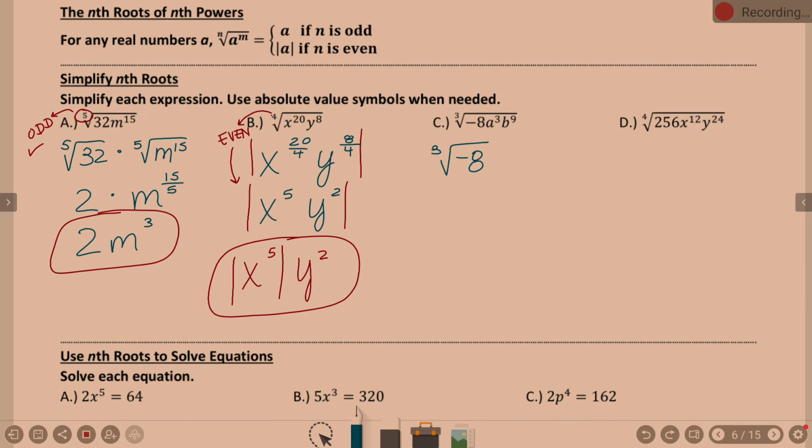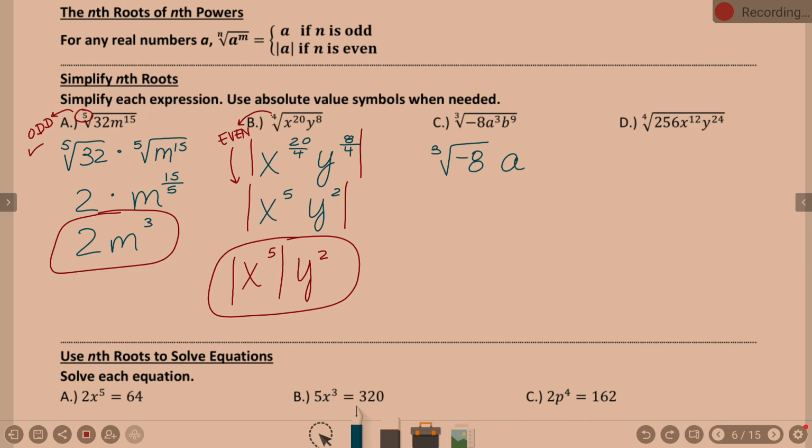The cube root of regular 8 is 2. Can I do the cube root of a negative? Yes, because it's an odd root. Because what happens when you say negative 2 times negative 2 times negative 2? 3 negatives multiply back to be a negative, yes? Okay, so we can do that. We're going to do that here in a moment.